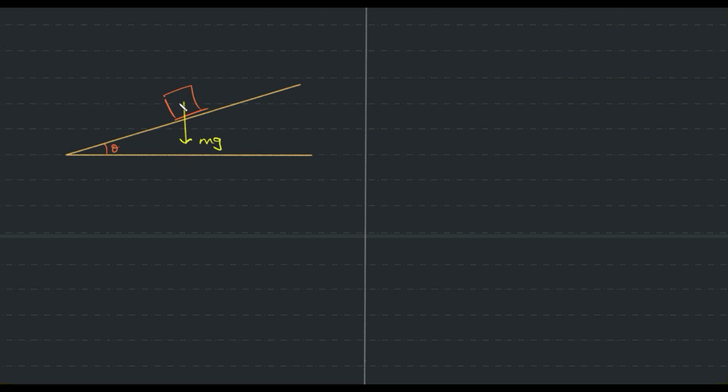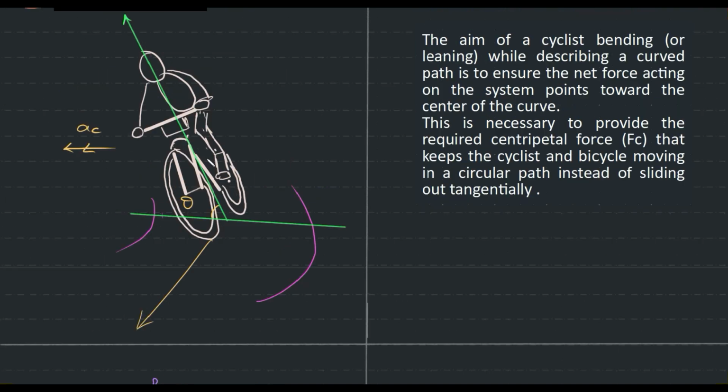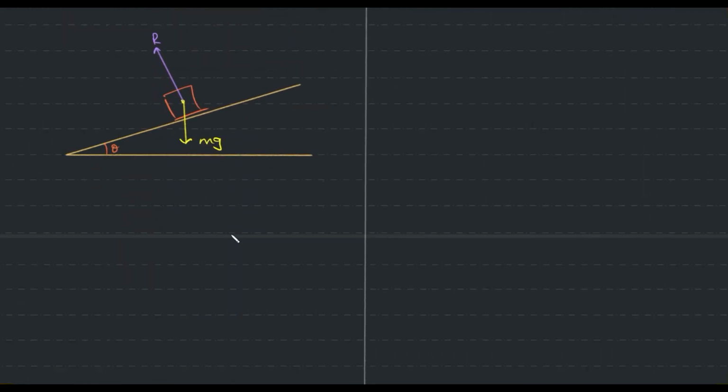So we have mg, and your reaction force is what is making this possible. So we have R, right? That bend is because of the reaction force. We have tilted ourselves in this way, and that's it. There's nothing else.